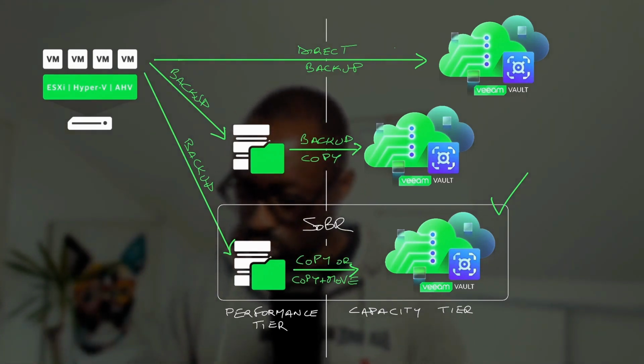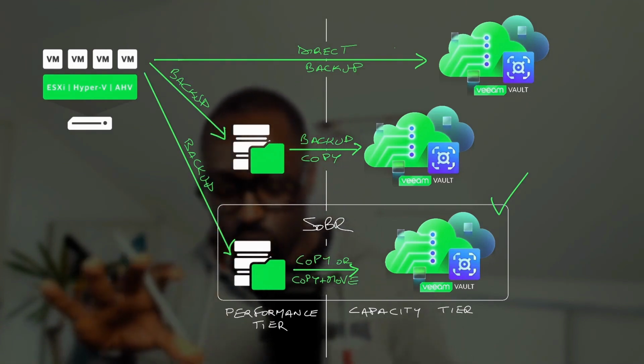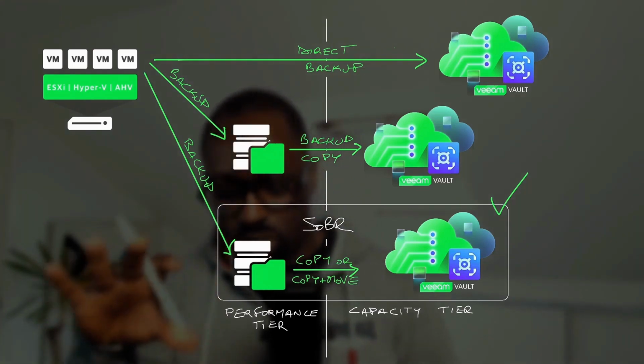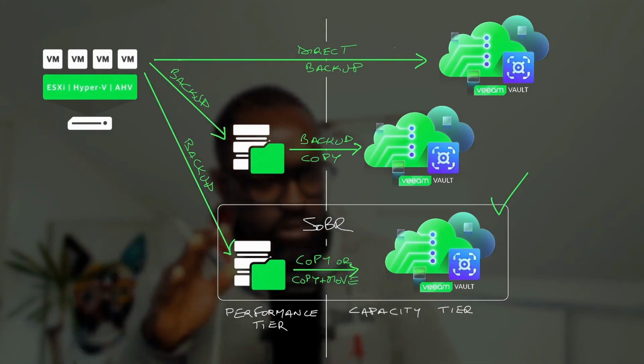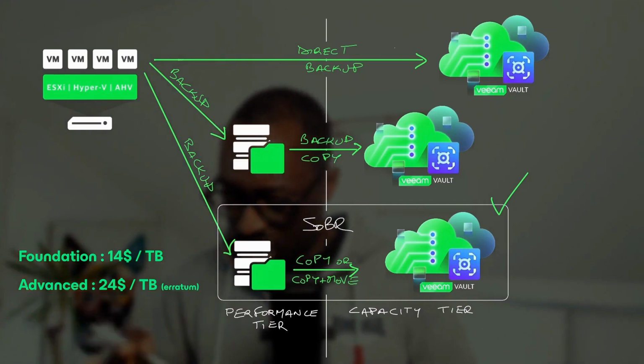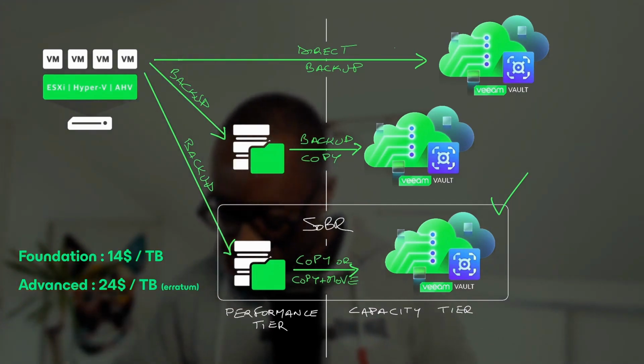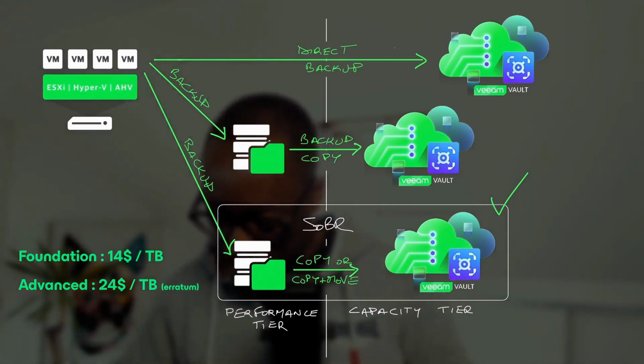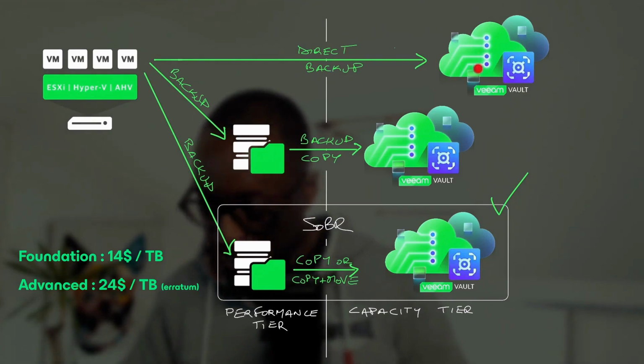The public price is $14 for the Foundation edition and $28, I believe, for the Advanced edition. In terms of use cases, we recommend choosing the Foundation edition for a scenario like this and opting for the Advanced edition when sending data directly to a repository.